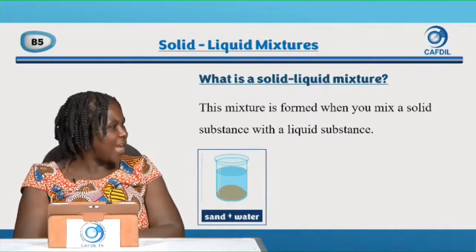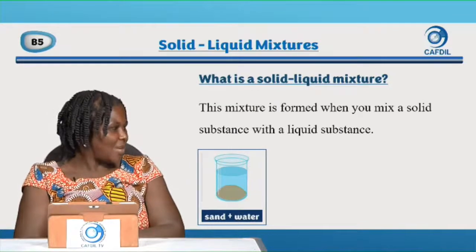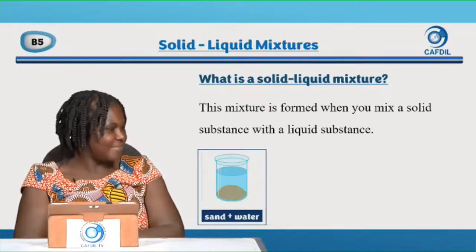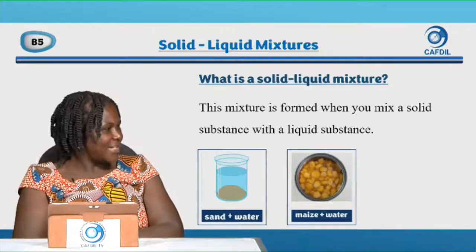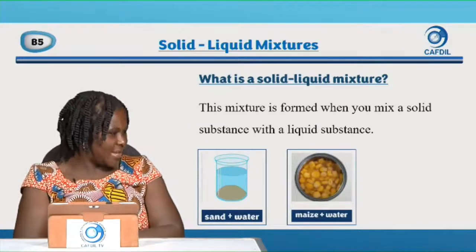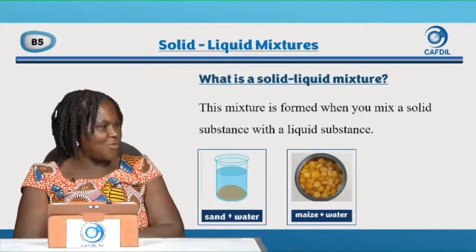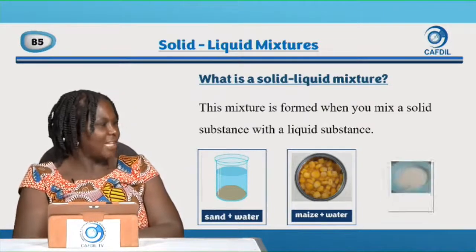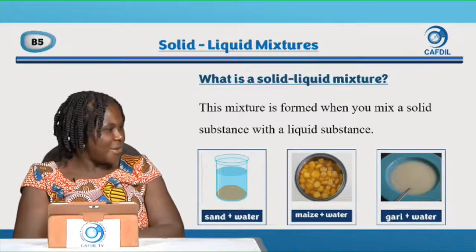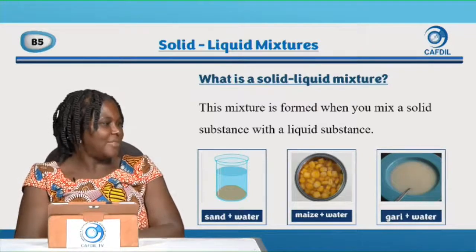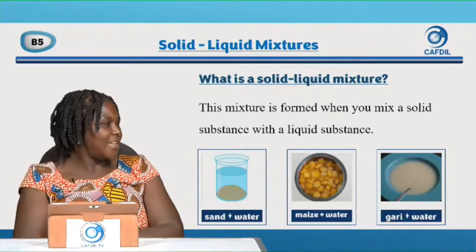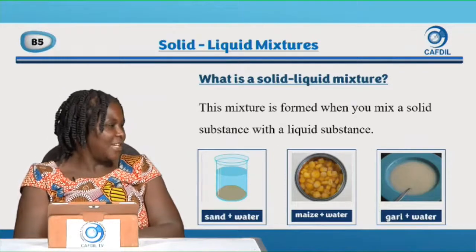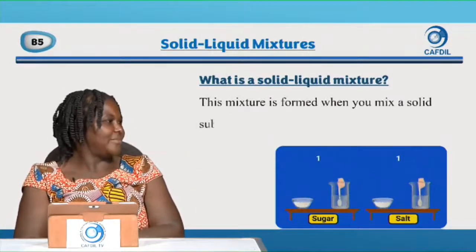Sand and water is solid liquid mixture. We have another one, maize and water. Maize and water is solid liquid mixture. We have gari and water. So gari and water is solid liquid mixture.